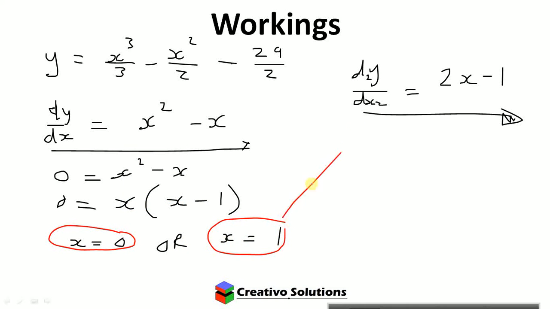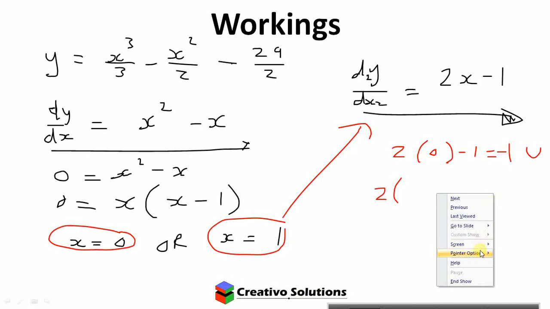So what we're going to do, plug that into the second derivative. So 2 bracket 0 minus 1 equals 2 minus 1 is 1. So that's happy. And then the other one was 1. Oh, no, hold on. That's minus 1, not plus 1.